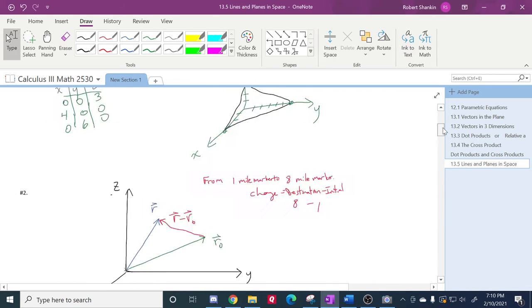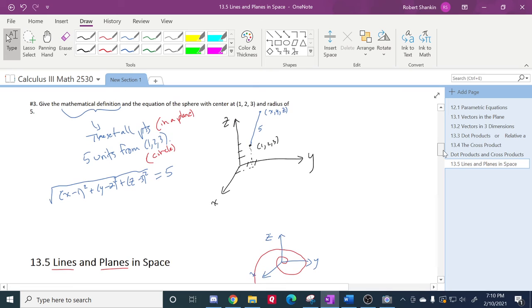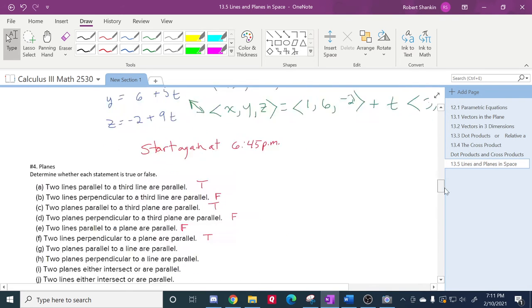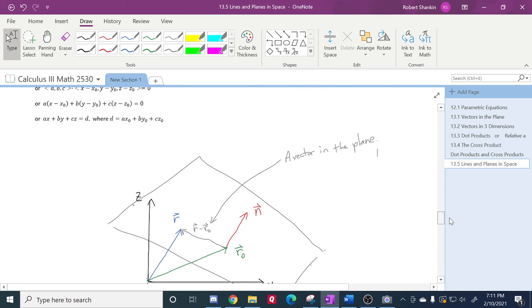we come way back to practice quiz problem number 3, definition of the sphere. This x, y, z seemed like a particular point, but it really could have been any point that was 5 units away, any point on the sphere. All such points x, y, z that satisfy this equation will be points on this sphere. Same sort of thing is happening here. This r looks like a particular point, but it could have been any point on this plane, as long as it was in the plane.